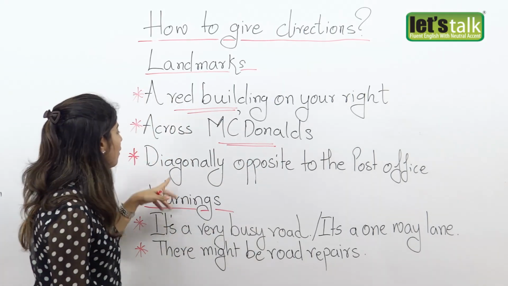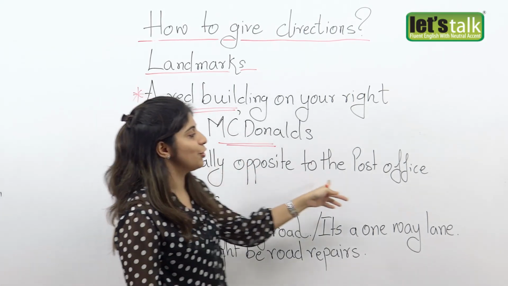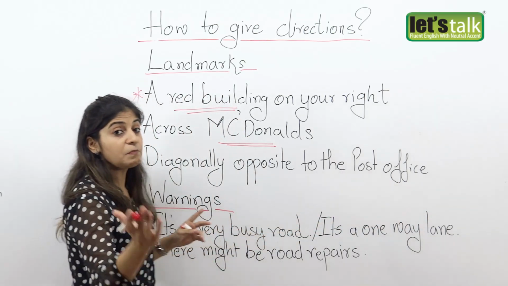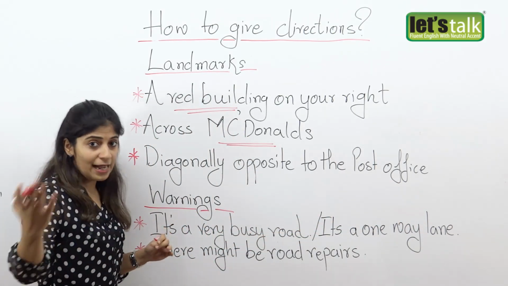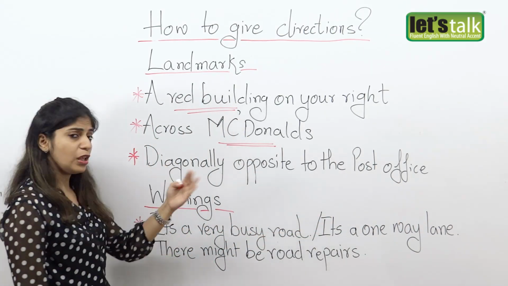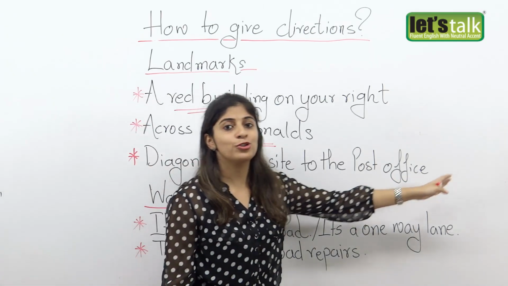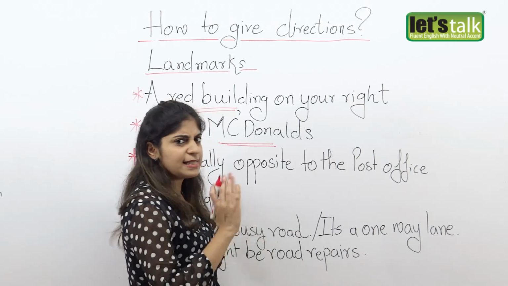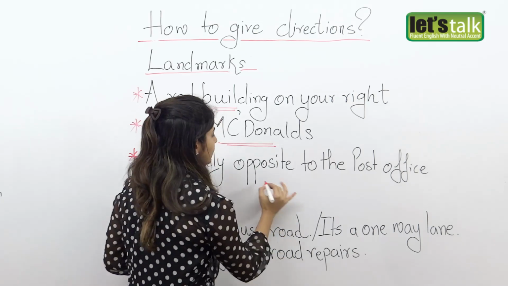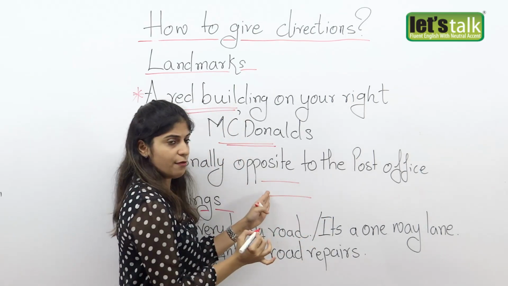The other one over here is diagonally opposite the post office. If I'm asking for the nightclub, then the person can tell me that it is diagonally opposite the post office. So what is diagonally? For example, this is the road.